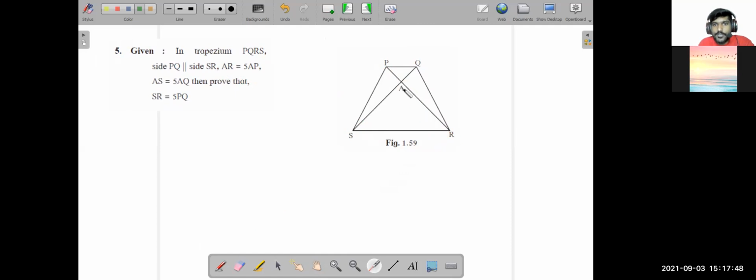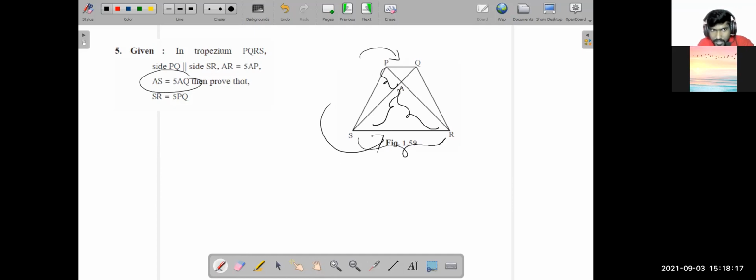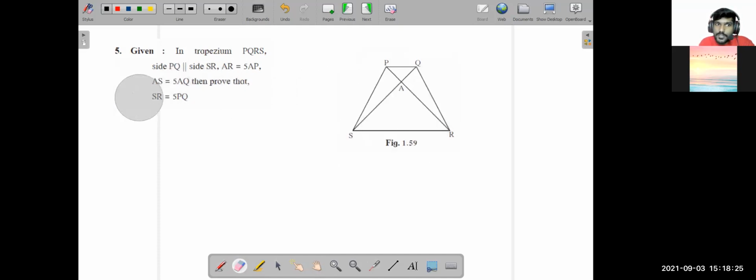You have to prove that SR is 5 times PQ. Okay, so what all is given? Given that PQ and SR are parallel to each other, and AR is 5 times PA. This is given, and you have to prove SR is 5 times PQ. Is the question clear, what you have to do, what all is given? Yes or no?